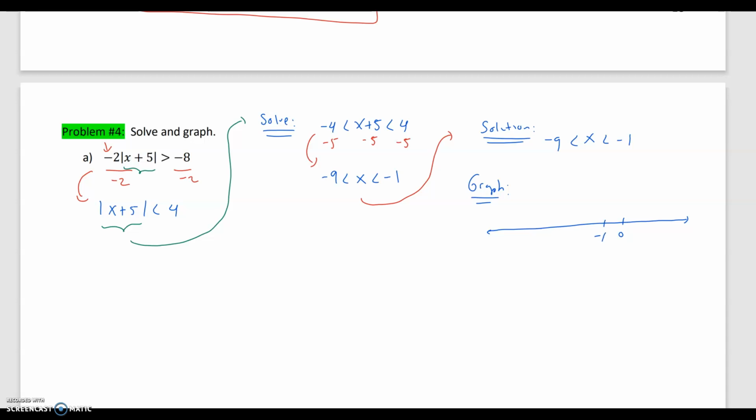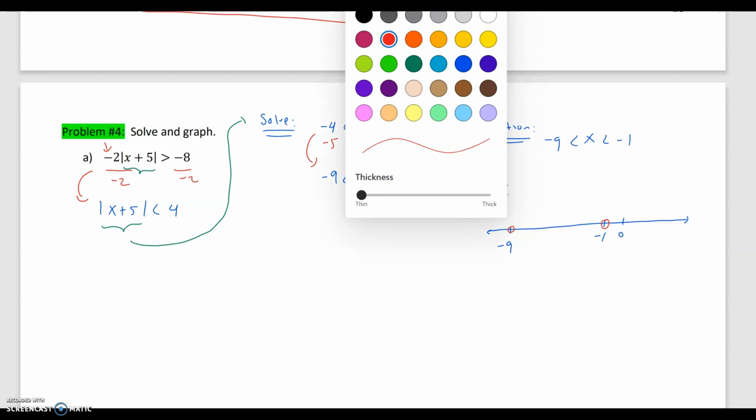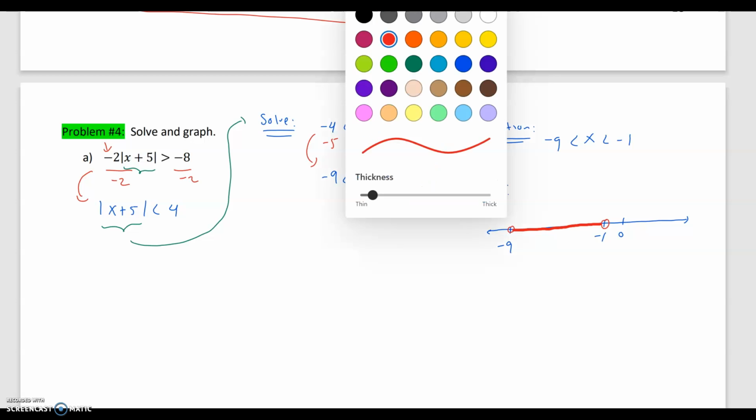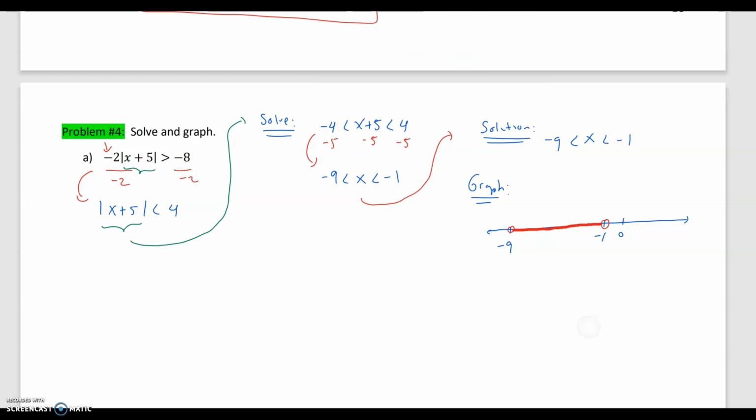This would be -1, and I'll just put -9 to the left. Our inequality starts with a greater, meaning no equality, so we end up with the boundaries not being included. And then technically every value in between these two. And that happens to be our solution in the graph for part A.